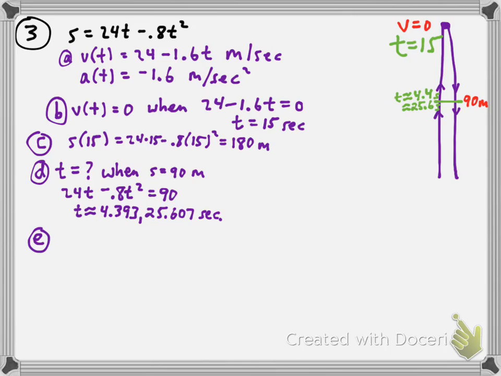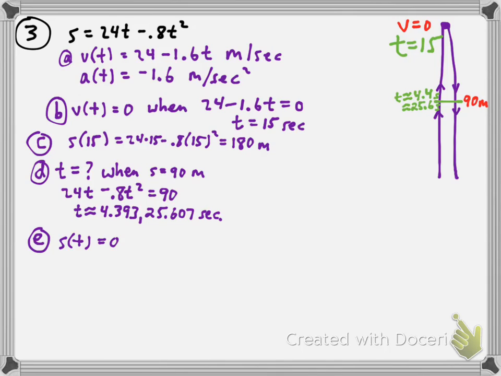But you'll need to know how to solve it using the formula, because sometimes the rock is thrown up from a height of, whatever, 3, 4, 5, 6 feet usually.